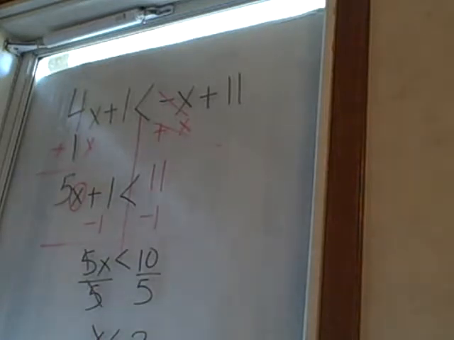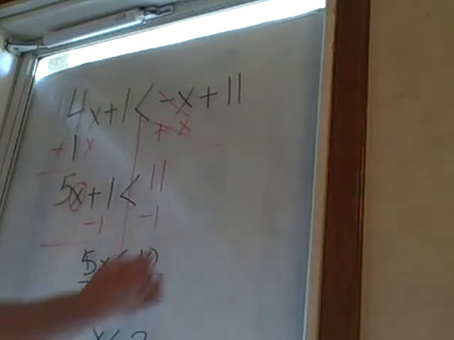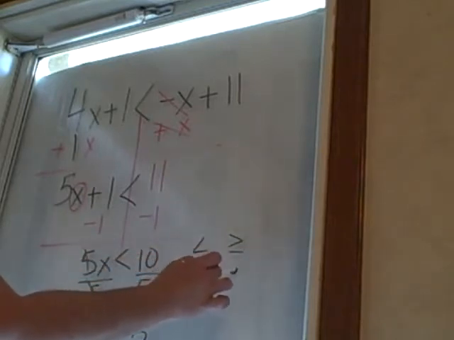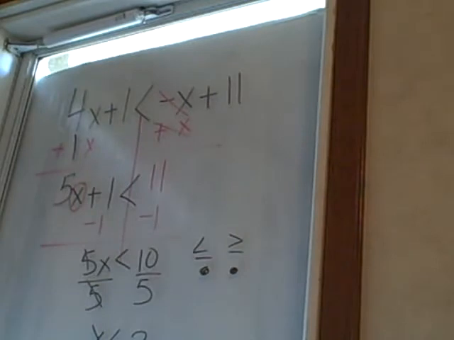I graph that on the number line, putting 0 in the middle, 2 is there. I draw an open circle because it doesn't have that equal sign attached. If it had the equal sign attached, then it would be a closed circle. X is smaller than 2, which means x is on this side of that 2.